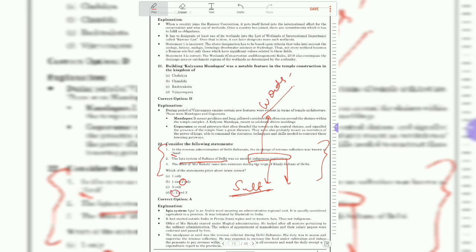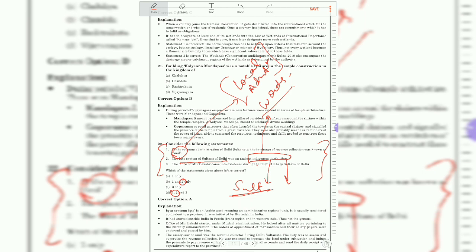You need not read. Okay, 2 is eliminated. So 1 and 3. In the revenue administration of Delhi, the one in charge of revenue collection was known as Amil, right? Just we are confused with the Amil. If you have read the local administration in polity, or if you are a student of public administration, obviously it's very easy for you.